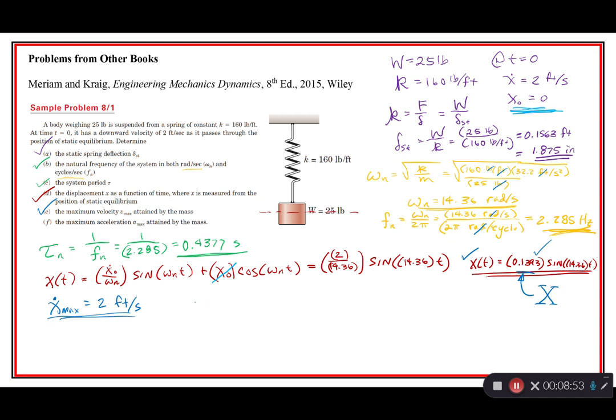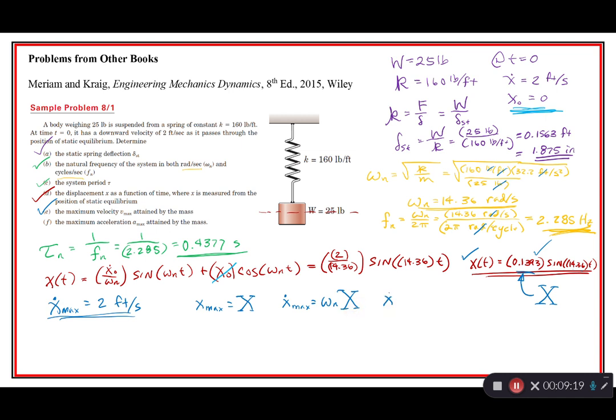Let me write it this way. x max is equal to this right there, and we know that x dot max is equal to omega n times x, the maximum amplitude.